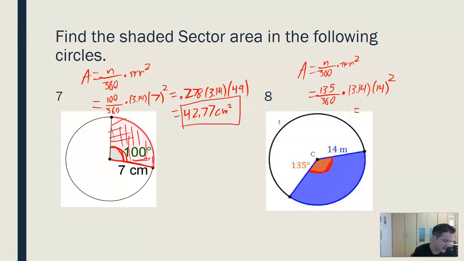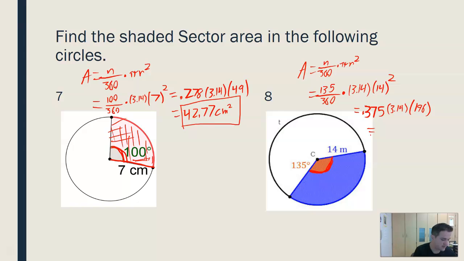Well, 135 divided by 360 is 0.375 times 3.14 times 14 squared, which is 196.